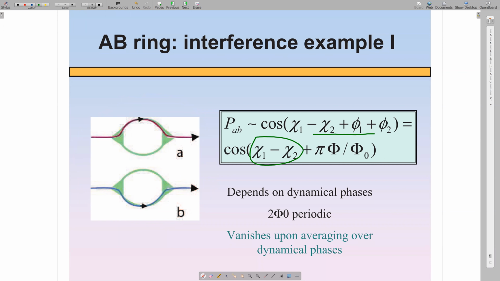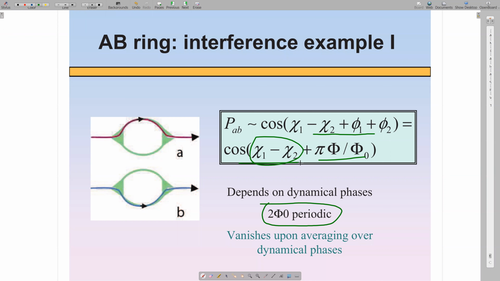As we see from this, the effect is periodic in flux with a period of 2 times phi naught. Also, one needs to mention that if I average over these phases, the result is 0. It vanishes upon averaging over dynamical phases.